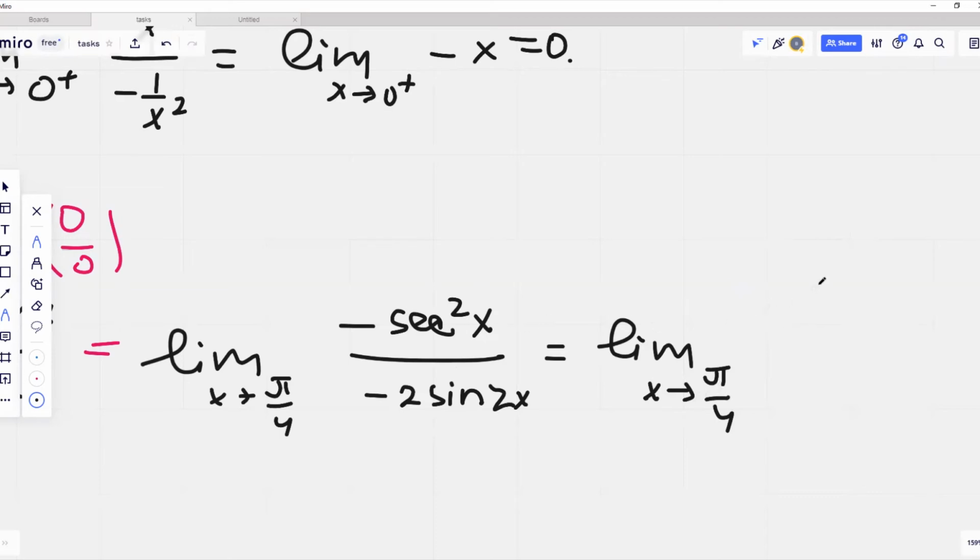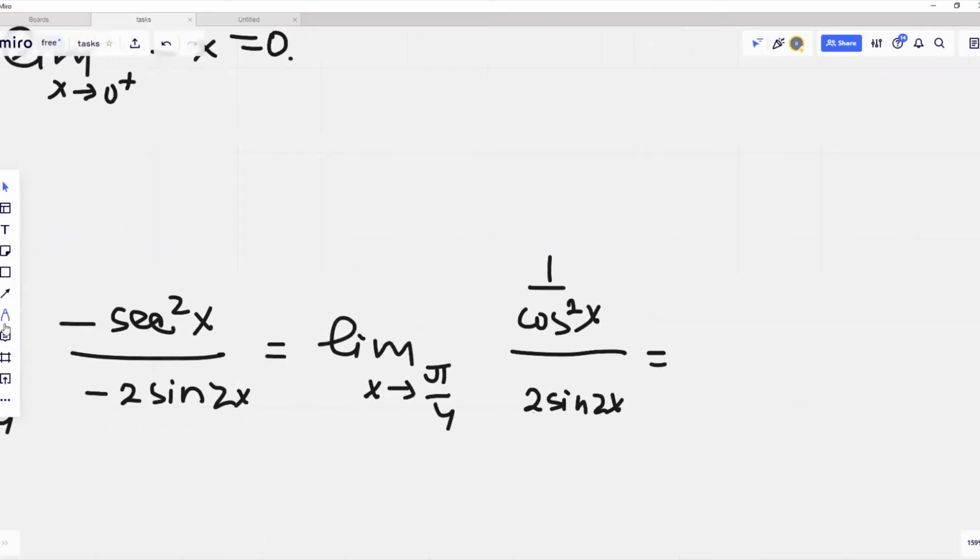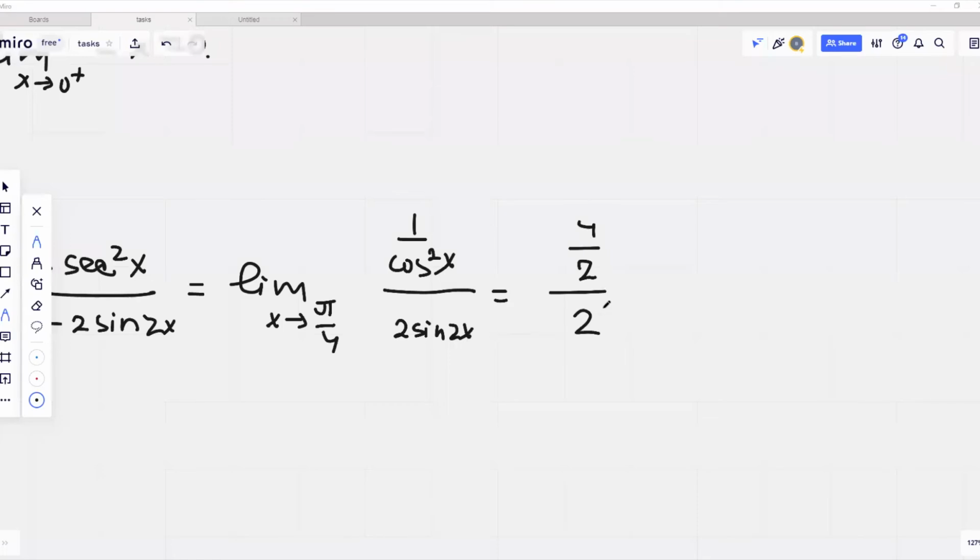So in the numerator, we have 1 over cosine squared of x. In the denominator, we have 2 sine of 2x. When x is approaching pi over 4, the denominator goes to 2. When x is approaching pi over 4, the numerator goes to 2 over 4. So this limit is then equal to 1.